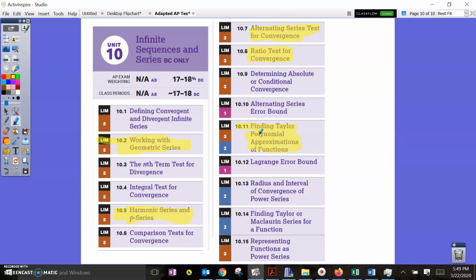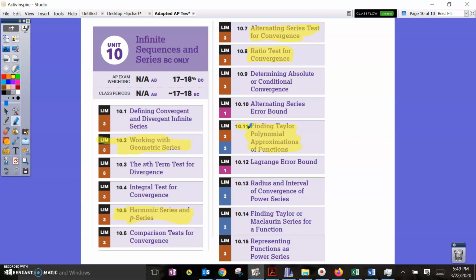So you want to be able to find Taylor polynomials. You want to be able to test convergence using harmonic series and P series. Although I noticed that they say 10.6 is not going to appear on there, which is where we use the comparison tests for convergence.